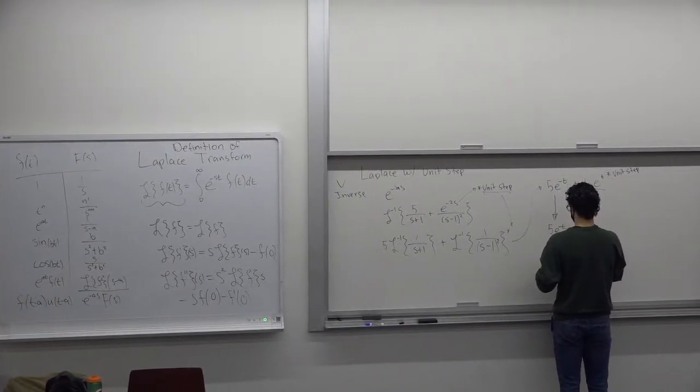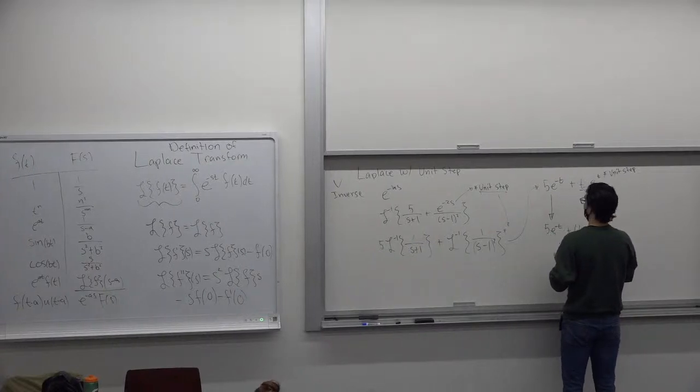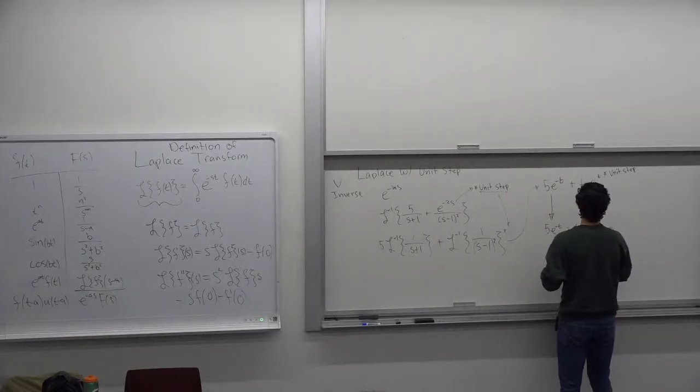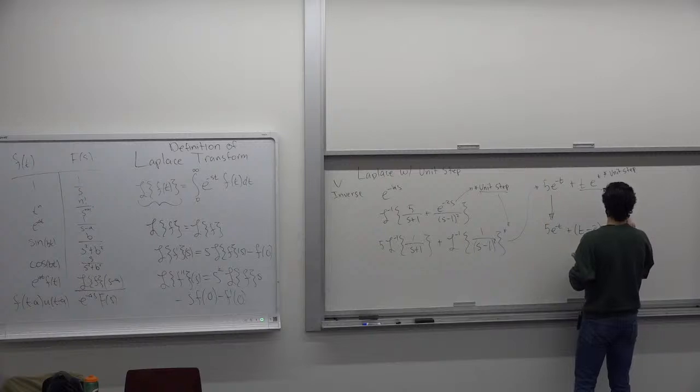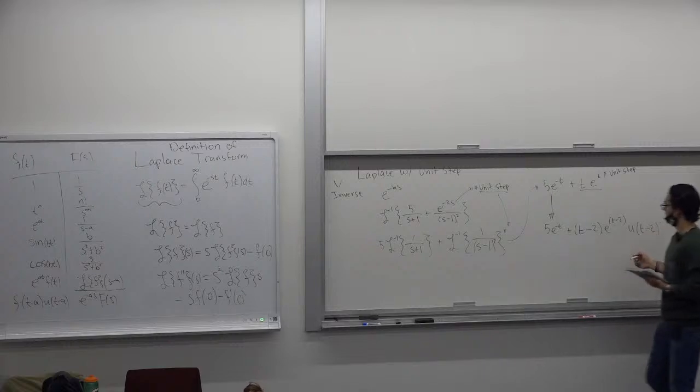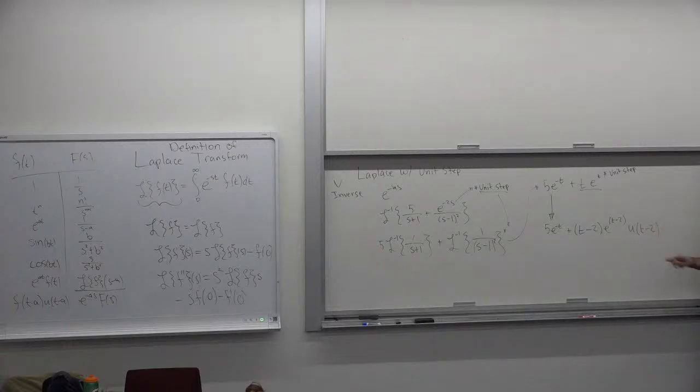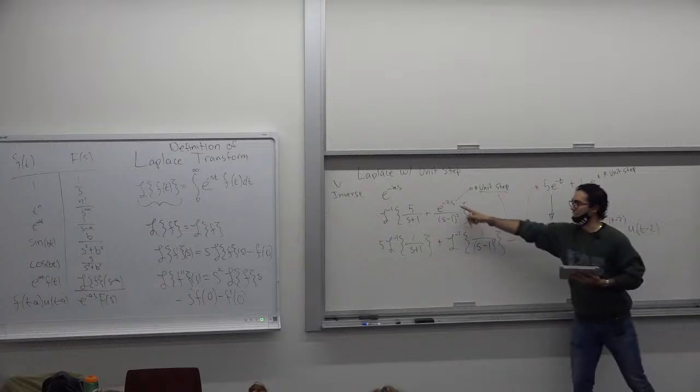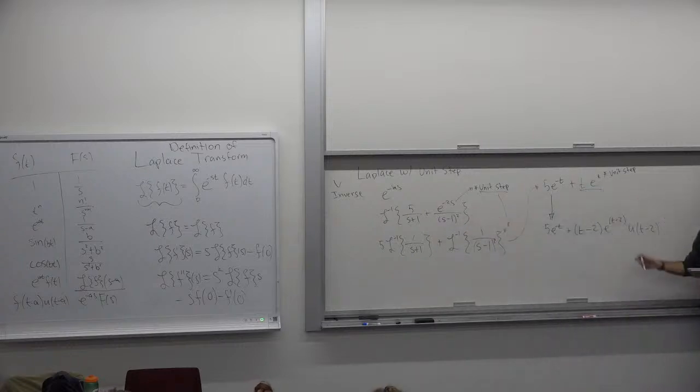It's just telling us that that term is t minus 2, e to the t minus 2, u of t minus 2. So everywhere we saw a t, we plugged in t minus 2 because it's e to the negative 2s, and then we added a u of t minus 2. Super simple.